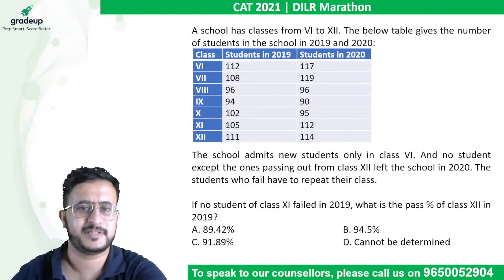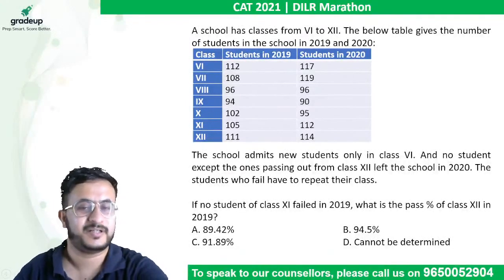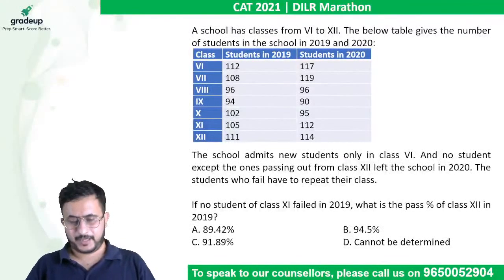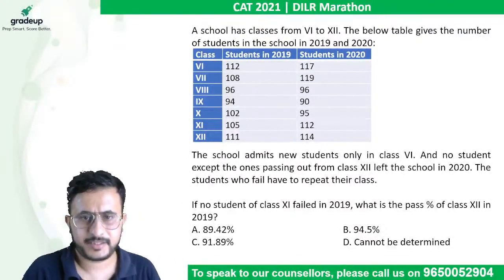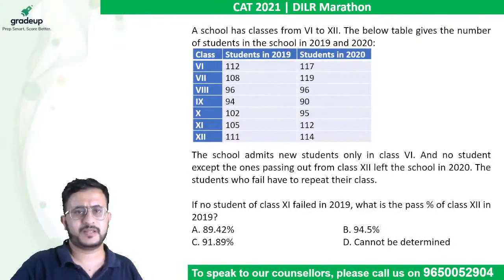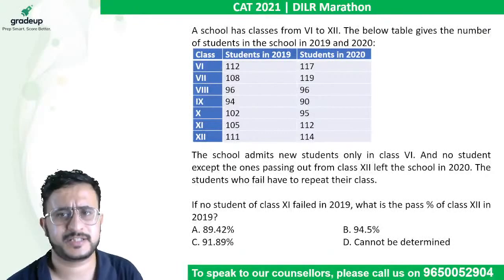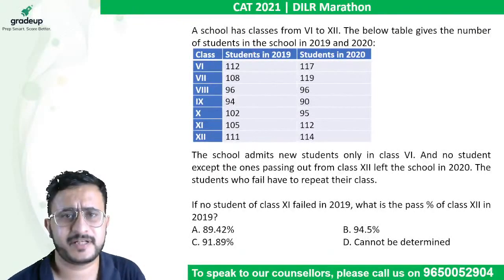I think now my camera started working, I just unplugged and plugged it again. Now, what is the question? It says that this school has students from class 6 to 12th. The below table gives the number of students in 2019 and 2020.